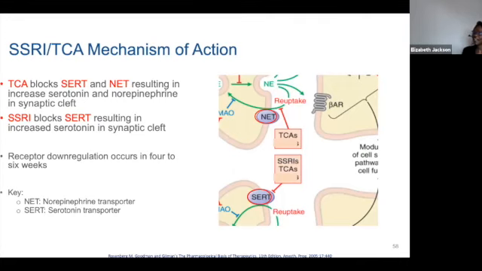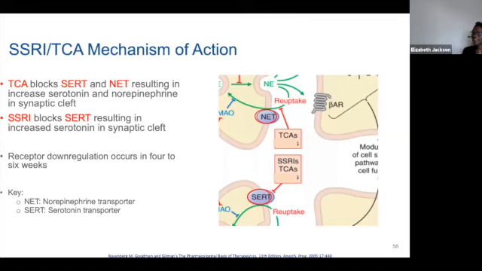This slide is illustrating the SSRIs and TCAs mechanism of action. The TCA blocks the SERT, shown in red, and the NET, which results in increased serotonin and norepinephrine in the synaptic cleft.